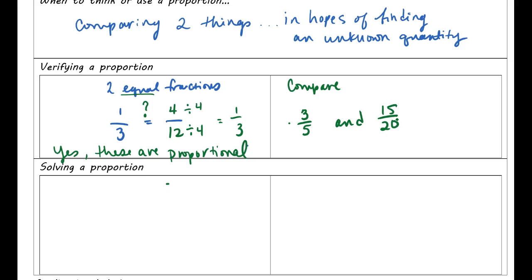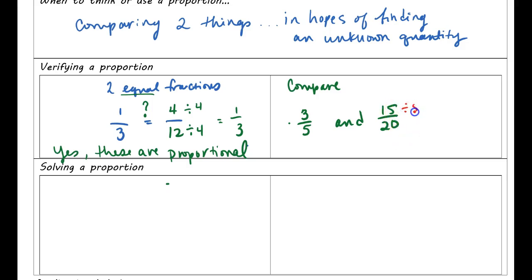Well, what I would just try to do is reduce them. Now, can 3/5 be reduced? Is there a number that goes into the top and the bottom that we can divide out? No, there's not. Okay, those are two very different numbers. Is there anything that goes into both 15 and 20 that we can divide out so that we can compare? I think 5 goes into both of those.